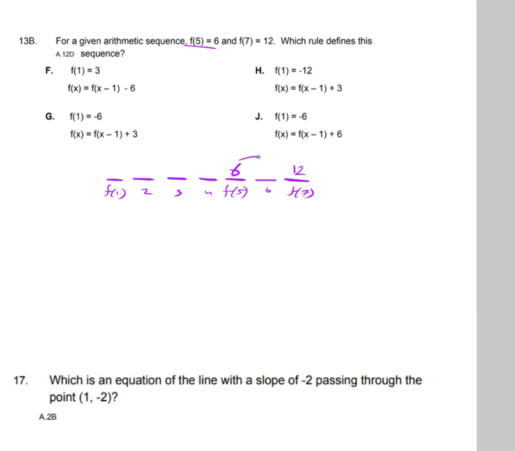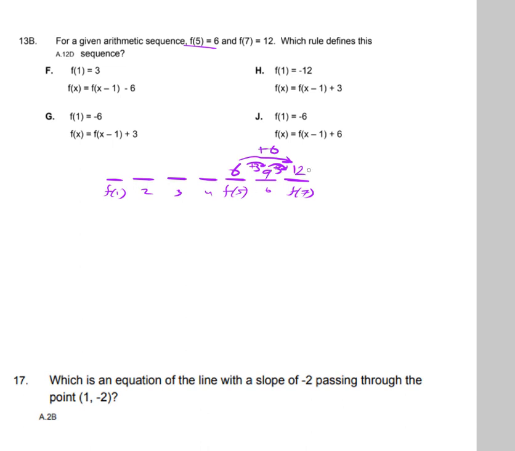Well, the jump from 6 to 12 is really plus 6, but I need to recognize that it's not just one jump. Technically, it's actually 2 smaller jumps. So if the gap is plus 6 there, then how much is each individual gap? Each individual gap would be plus 3, right? And plus 3, which means that f of 6 would be 9.